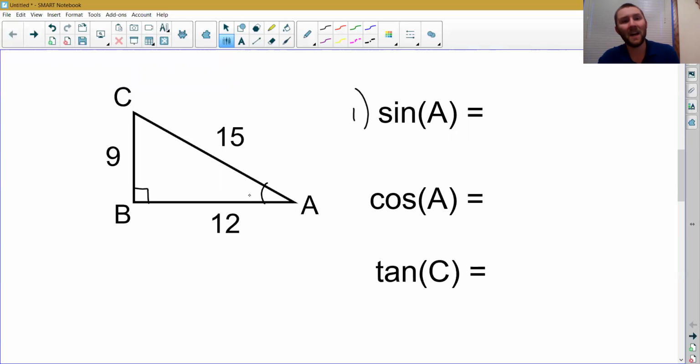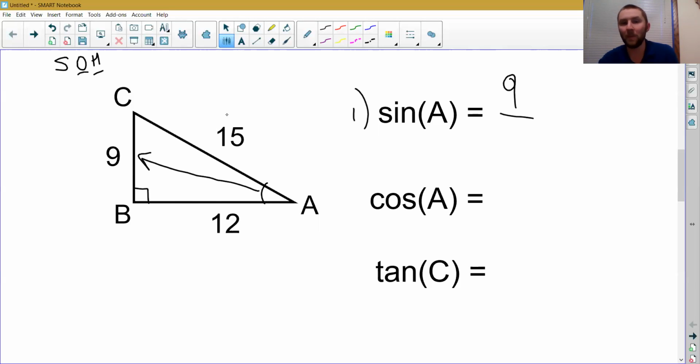If I want the sine fraction, what two sides do I need to write the sine ratio? Well, sine, S-O-H, right? Some old hippie. So O stands for opposite, H stands for hypotenuse. So the opposite side from angle A. What side length is all the way across from angle A? Well, all the way across would be over there. So that's 9. So the numerator of my fraction is going to be 9.